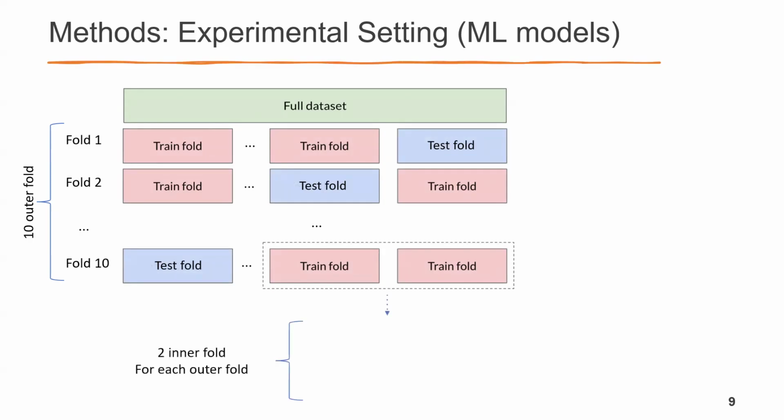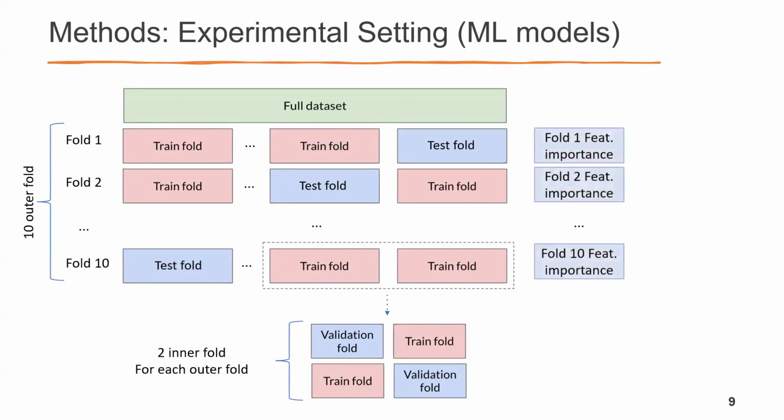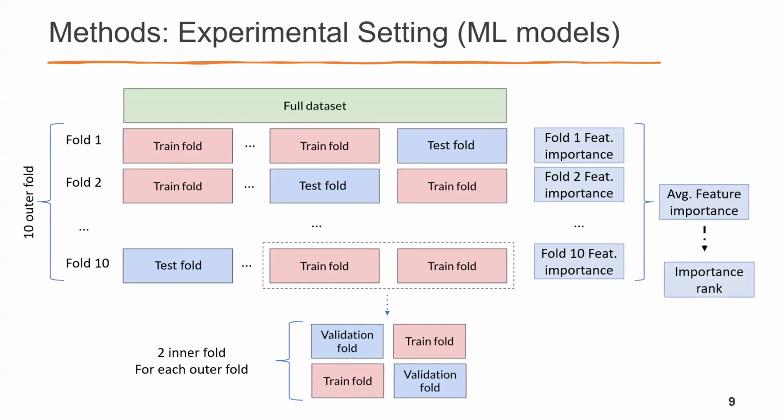And for the inner loop, the other 9 train folds are separated into a train fold and a validation fold to update hyperparameters. Each of the 10 folds will give a feature importance score. After taking the average feature importance score, we can get the rank for each important variable.